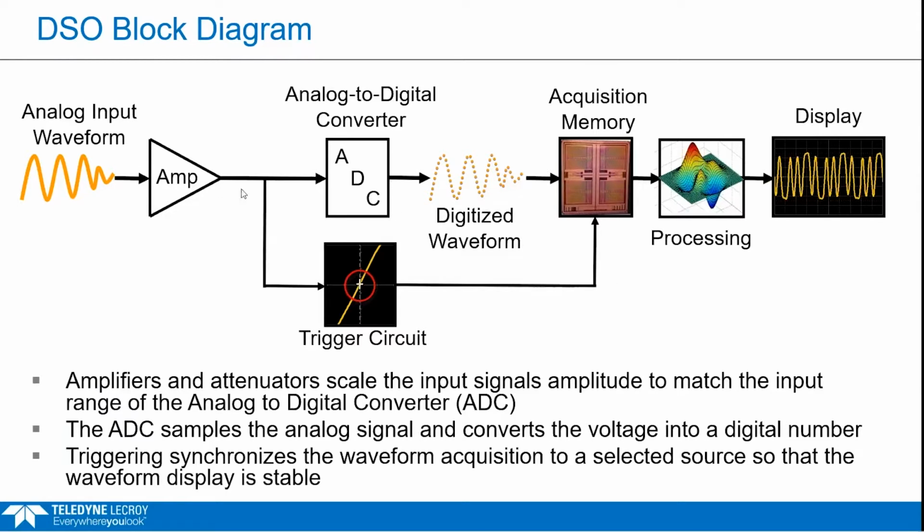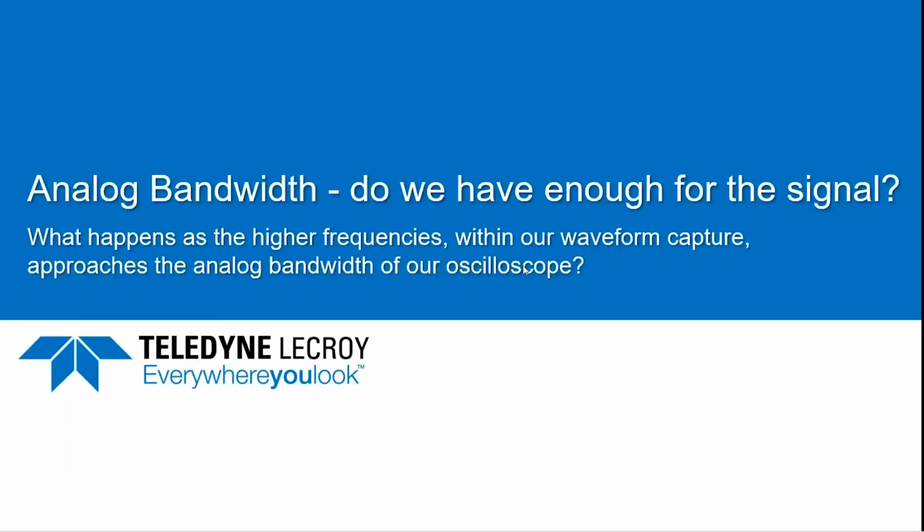And of course, we have the trigger circuit, which gets a piece of the signal from the amplifier, and it has its own bandwidth as well, by the way. With the source that we've selected, it helps us get a nice stable display and define where in the waveform, where in the electrical signal, we want to focus our reference point. That's just the general block diagram. We'll use this as we go through. And now let's focus on the analog bandwidth.